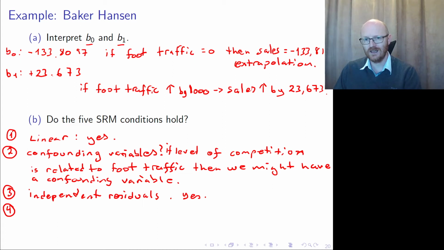And the fourth condition, do the residuals have the same variance? Okay. Similar.